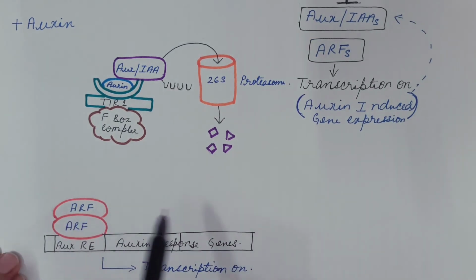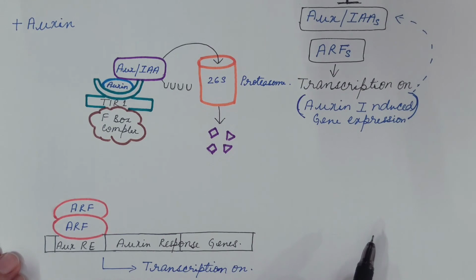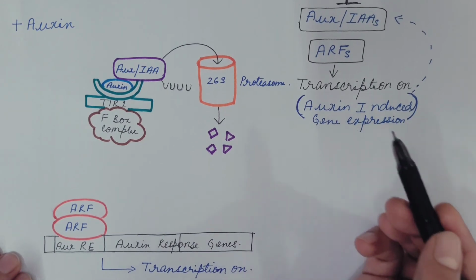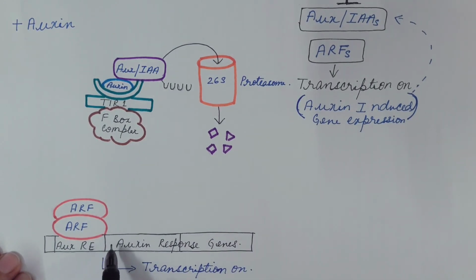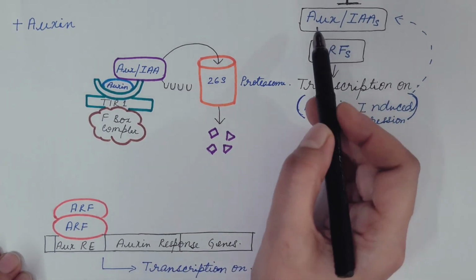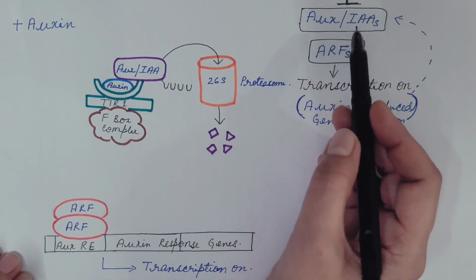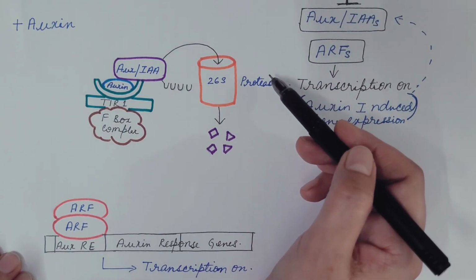But if this is not regulated, then the transcription goes on, and this will result in wastage of materials and energy. So there should be a certain regulatory system. Among the auxin response genes that are transcribed, there are certain genes that encode for AUX/IAA, which is the inhibitor of the transcription factor ARF.